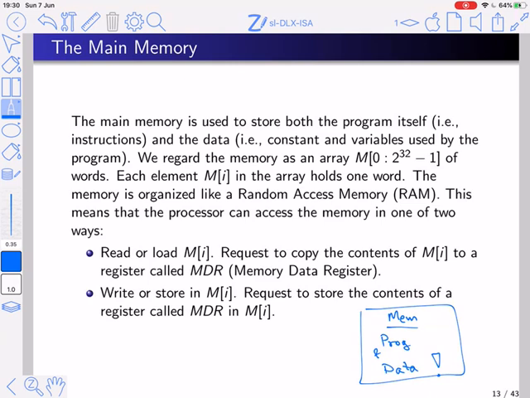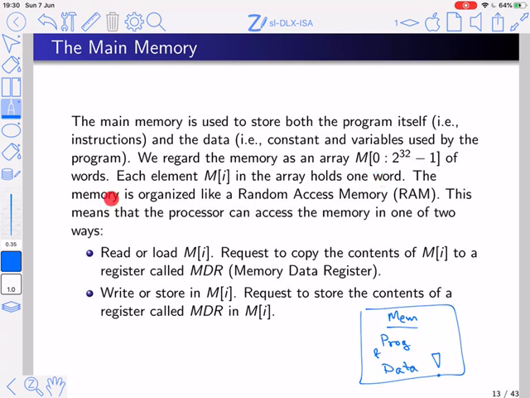Okay, let's start to explain what the main memory is, because it is a major component in the design of a computer. The main memory is used to store both the program itself, namely the machine language instructions, and the data, namely the constants and the variables that are used by the program. I'll elaborate on this issue shortly. We regard the memory as an array of words where each element in this array holds one word.